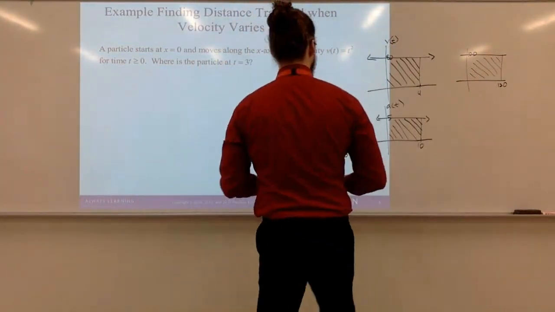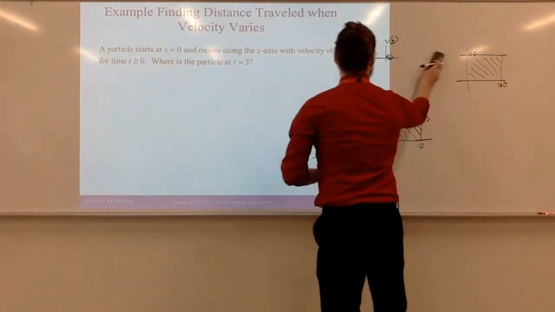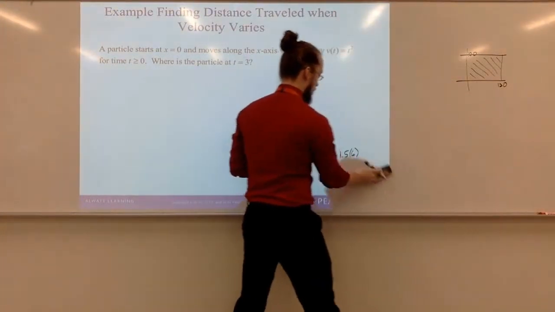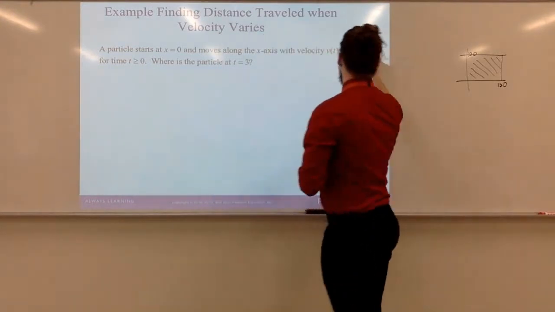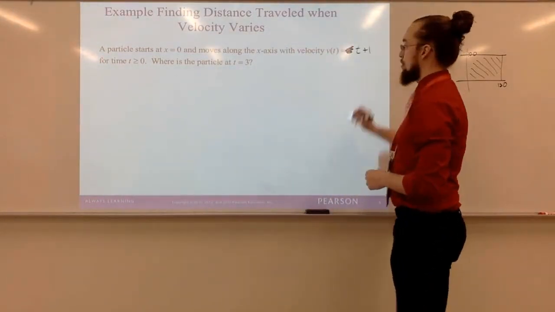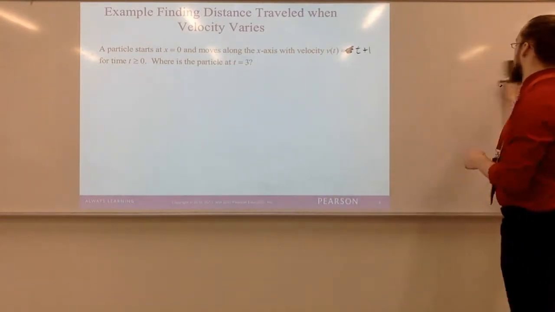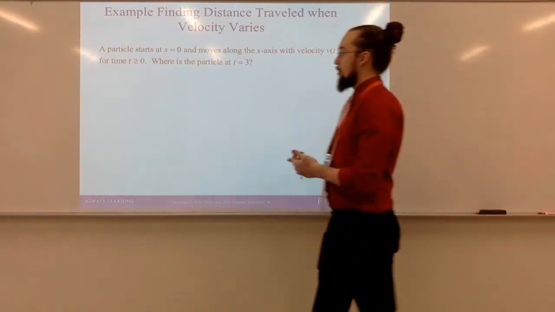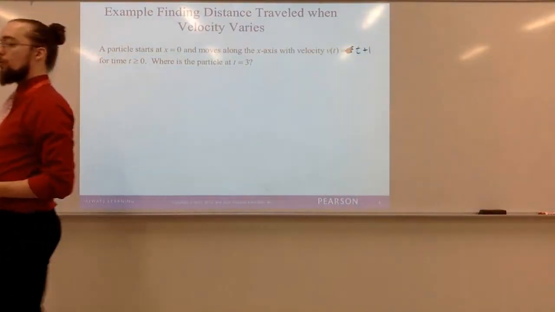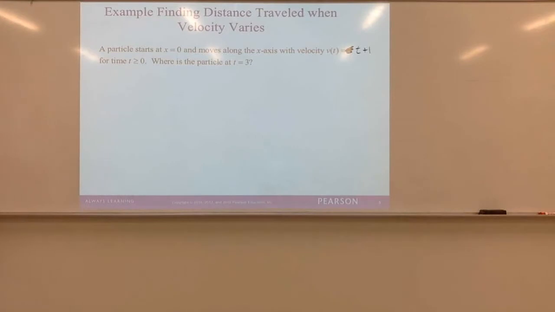Let's make up one here. So let's say that we are given a velocity curve of t plus 1. And I want to figure out where the particle is at t equals 3.